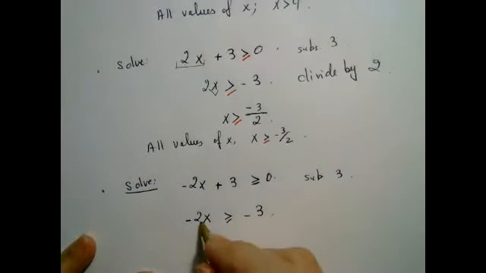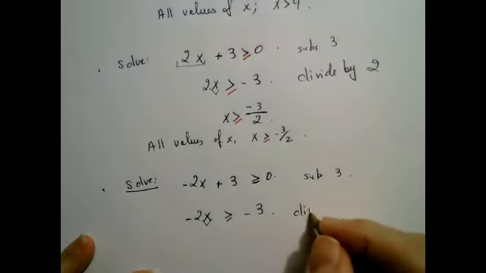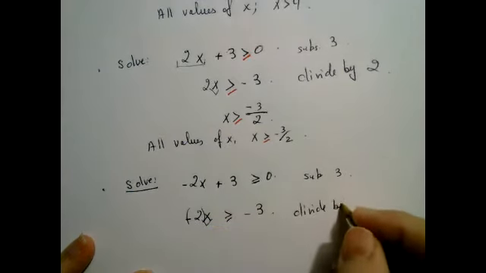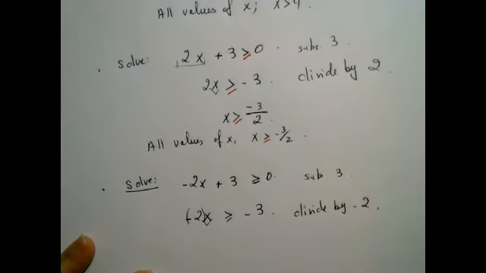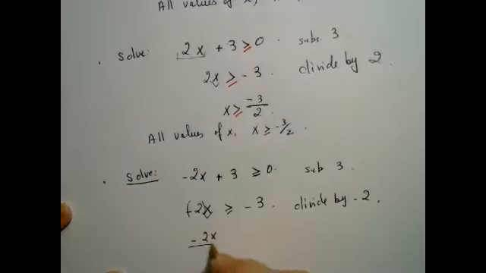Okay. Now I need to isolate the x. When I isolate the x, I have to divide by what x is multiplied by. Divide by minus 2. But then, what do we know about inequalities? I want to divide by minus 2 to isolate my x.